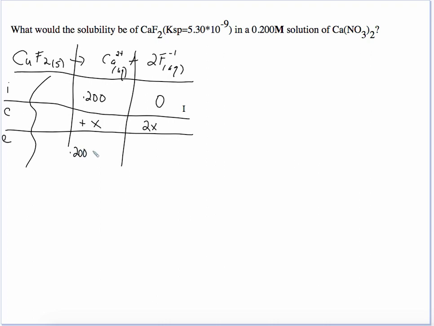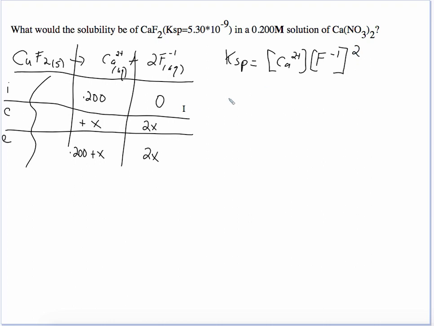Remember, 2x. So at equilibrium, we have 0.200 plus x, and here we have 2x. We write our Ksp, and our Ksp is equal to calcium 2 plus times fluoride negative 1 to the second power.